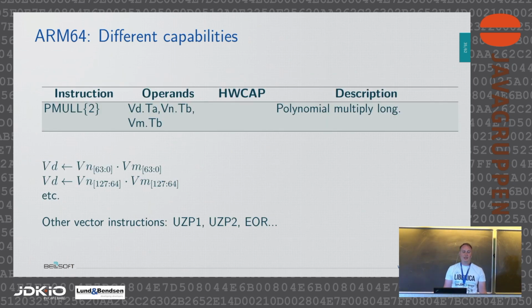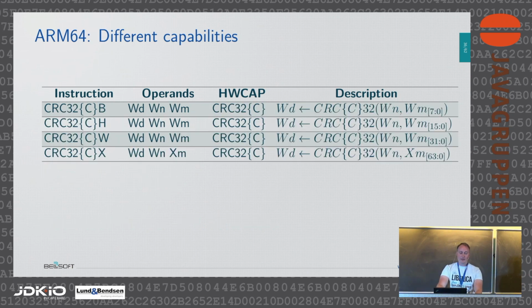Again, surprisingly, the name is different, but the result is more or less the same. There is an instruction for polynomial multiplication, which is useful for division. Other useful instructions, and a set of CRC instructions for different data lengths. Okay, so we have some hardware support.